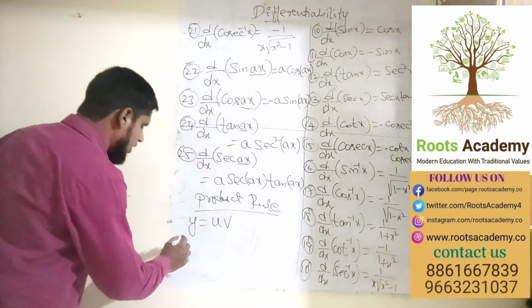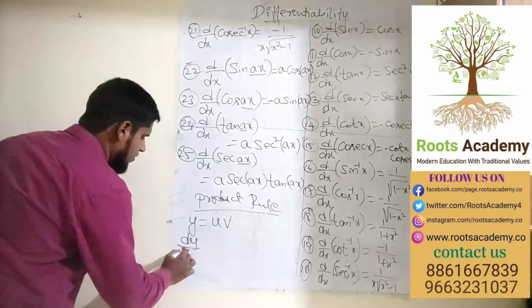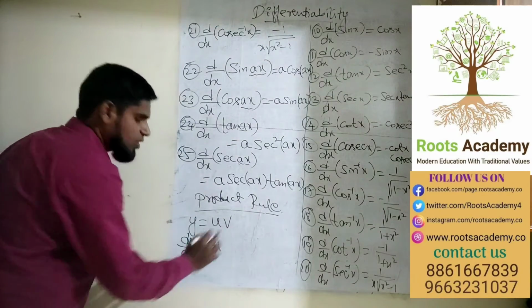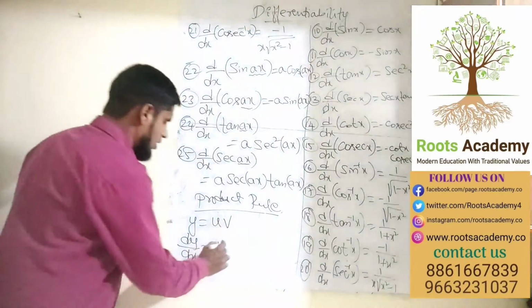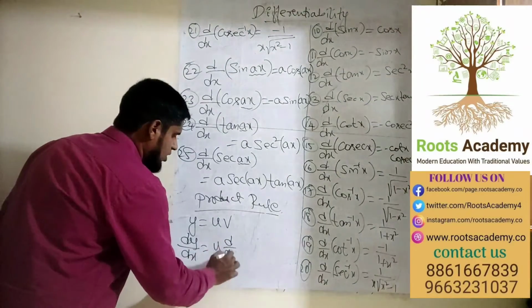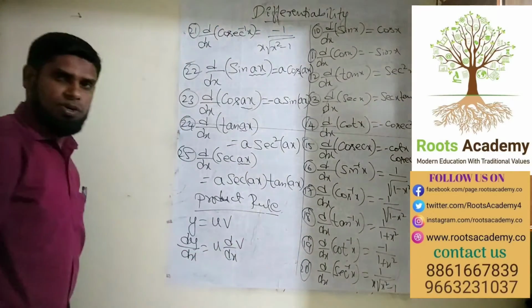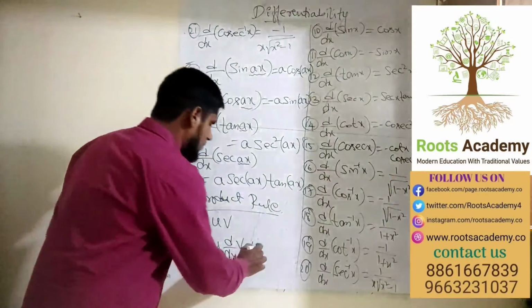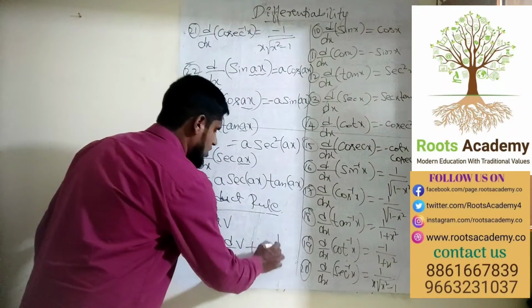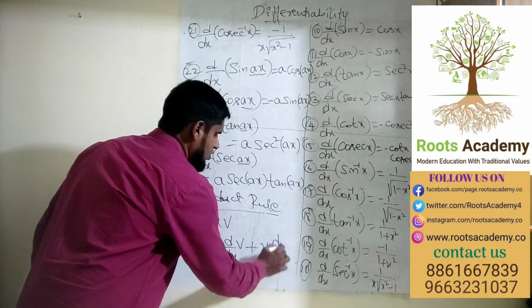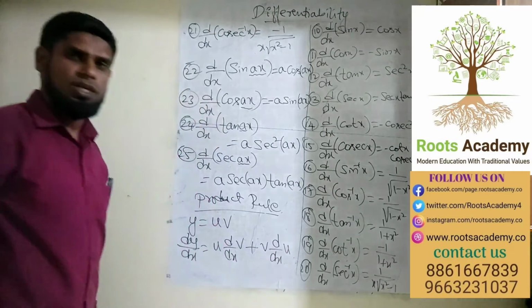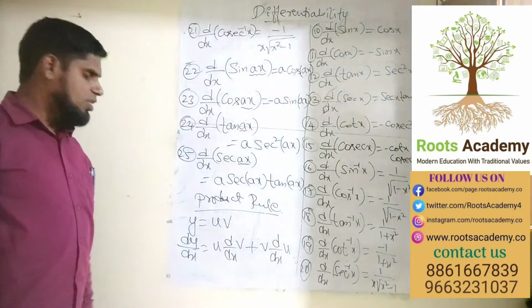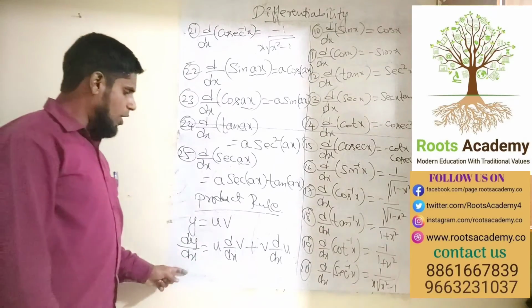Then product rule says that its derivative has first function we should keep as it is, then differentiate the second function with respect to x, plus addition of this, keep the second function as it is and differentiate the first function. So this is the concept we will use in product rule.